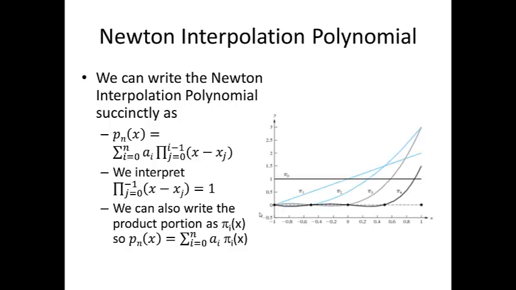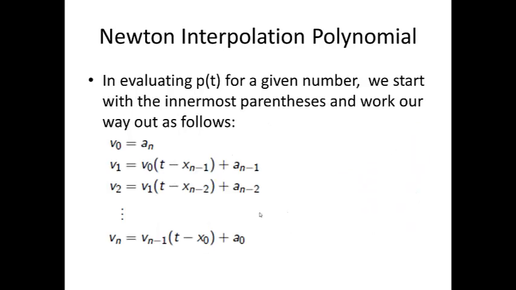This figure shows the first few Newton polynomials, pi_0, pi_1, pi_2, pi_3, pi_4, and pi_5. In evaluating p of t for a given number, we start with the innermost parentheses and work our way out as follows. v_0 is equal to a_n, v_1 is v_0 times (t minus x_{n-1}) plus a_{n-1}, all the way down to v_n, which is v_{n-1} times (t minus x_0) plus a_0.